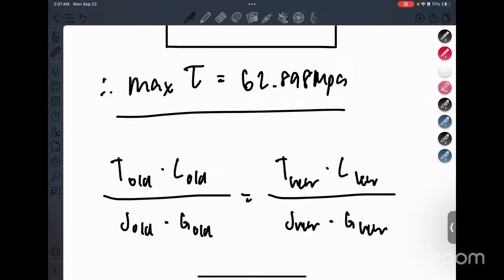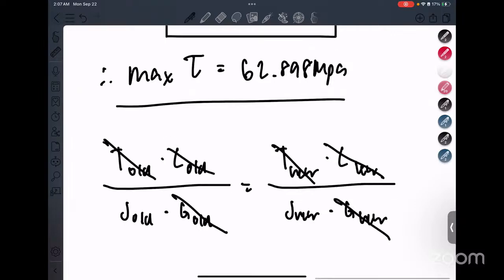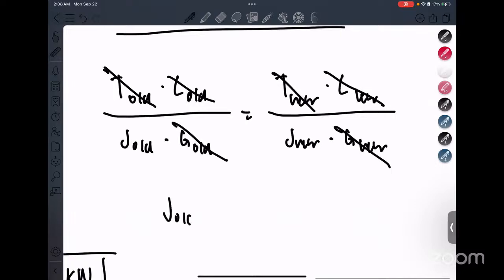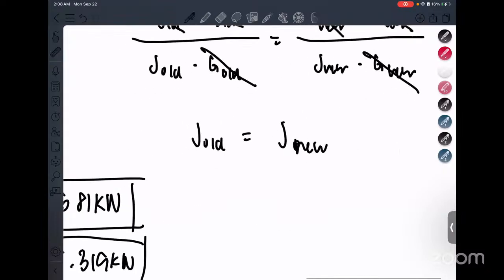But if we notice, the torsion obviously doesn't change. The length of the bar doesn't change. And because it's both steel, G doesn't change. Meaning we're really just interested in setting up an equation such that the old polar moment of inertia is the same as the new one. Setting up the old polar moment of inertia, I'll just do it in terms of radius: 7.5 raised to 4.